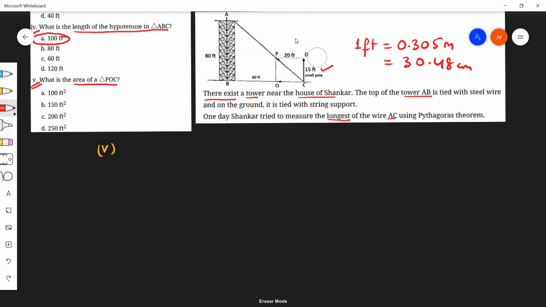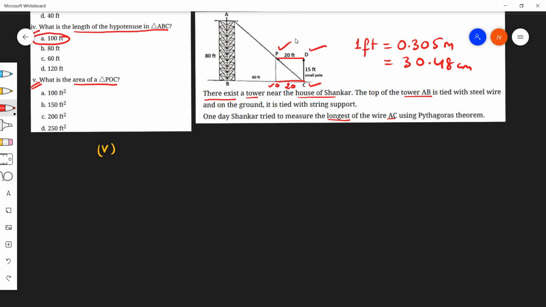So for triangle POC, the area of triangle POC, we will apply half of base into height. So DC and this is O. PDCO is a rectangle, so opposite sides are equal. PD is 20 feet, so OC is also 20 feet.